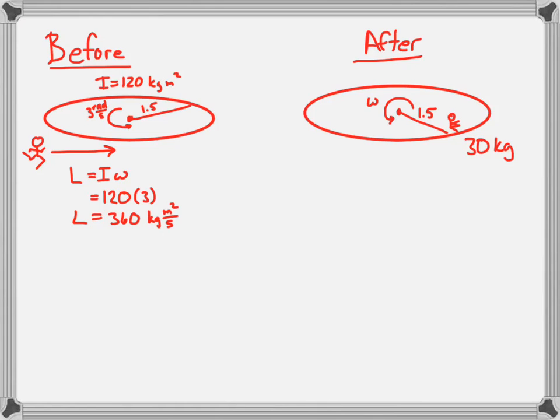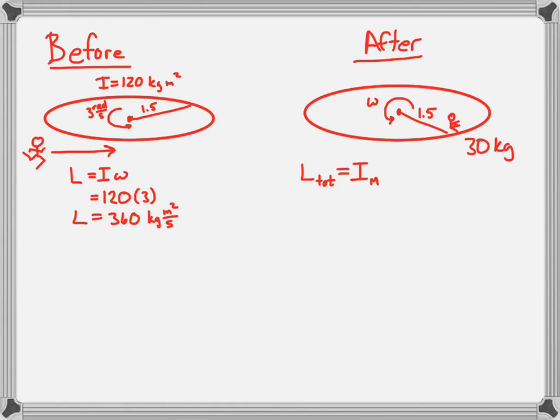All right. So, what is my angular momentum after little Susie hops on the merry-go-round? Well, if I want to calculate total angular momentum, I have to have the moment of inertia of the merry-go-round. I'll call that I sub m.